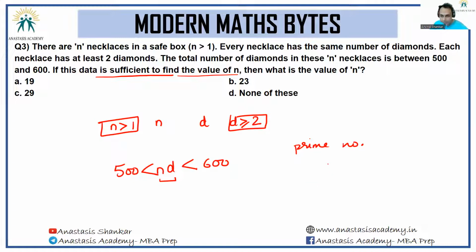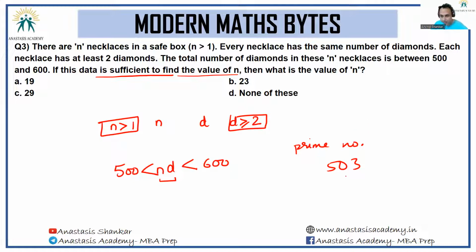503, would it work? Is 503 a prime number? 501 is not a prime number. 502 is not a prime number. 503. So under root of 503 will be 22 point something. 22 also 19. So 380 plus 123, not divisible by 19. 17. 510 minus 7, not divisible by 17. 13 is 520 minus 17, not divisible by 13, not divisible by 11, not divisible by 7, not divisible by 5, not divisible by 3, not divisible by 2.